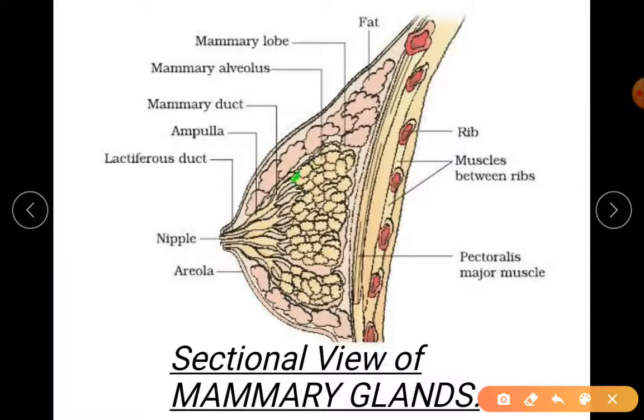Mammary tubules join together to form your mammary duct. The mammary duct again opens to form the wider part. You can see the wider part, the mammary ampulla, and finally it opens into the lactiferous duct, from which the milk is sucked out by the young one. Okay, so the milk gets sucked out through the nipple. So I hope it is clear.